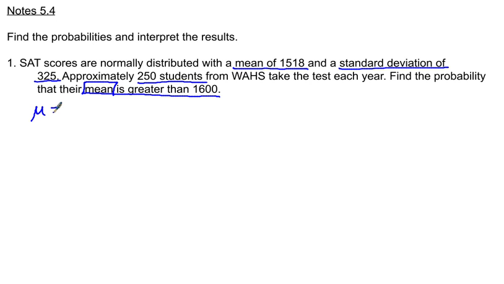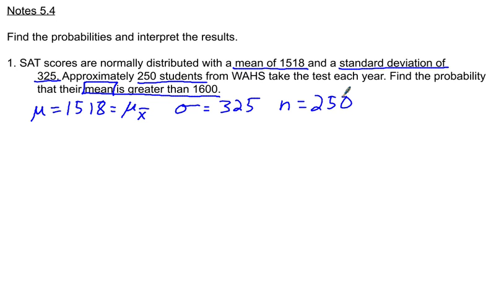The mean is 1518, and that's going to be the same as our sampling mean. Our standard deviation is 325, and our sample is 250, and we want the probability that their mean, I want to use x bar here, is greater than 1600.